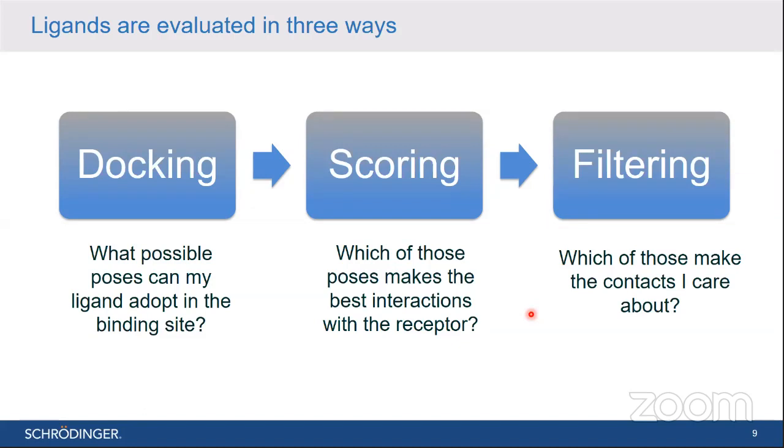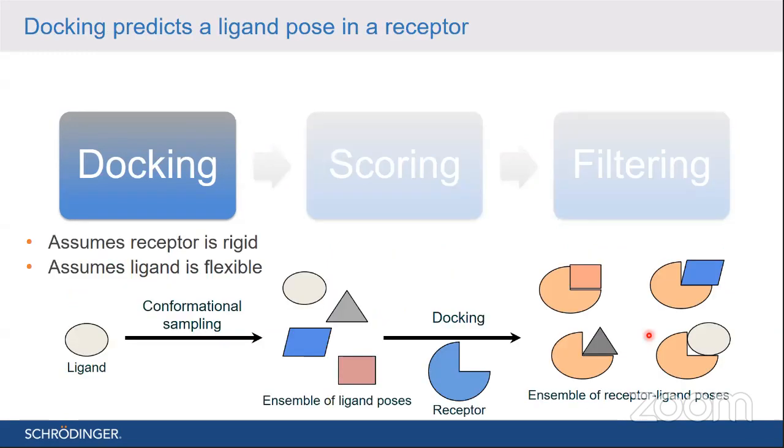I'll not go into much detail, but overall you can categorize the process of molecular docking into three parts. The first one is docking, where it automatically generates conformations and tries to place the molecule inside the binding pocket. The second step is scoring. It assigns scores for each pose of each ligand, and then we can apply various filters.